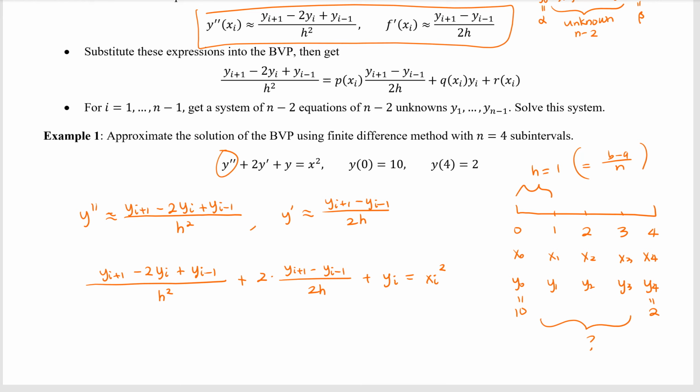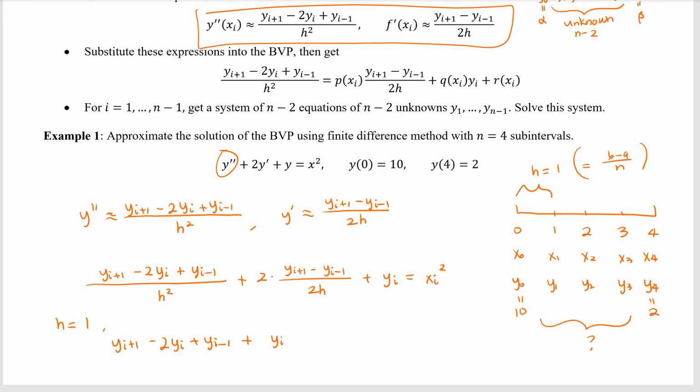And let's continue. So here, because h equals 1, let's simplify it. Well, then we get yi plus 1 minus 2yi plus yi minus 1. Here, h is 1, but the 2 and 2 can cancel.